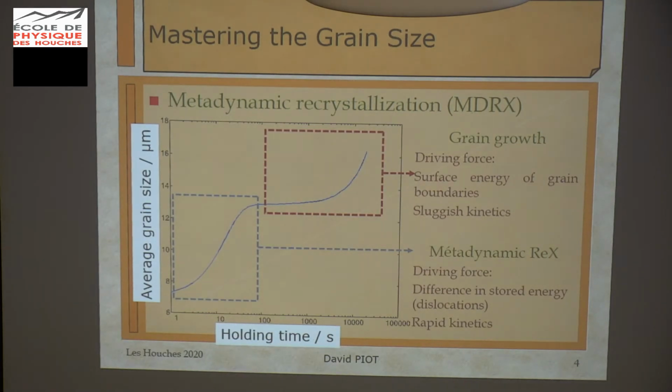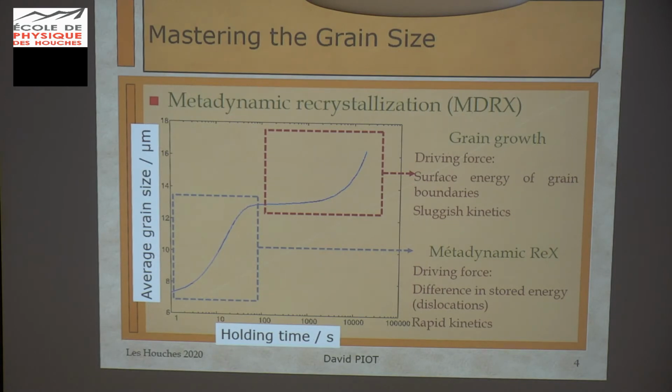So for the question of industriality, it's essential to master the grain size to avoid too coarse grains in order to be able to make non-destructive inspection. So here it's not a question of optimization of the in-use properties of the material.